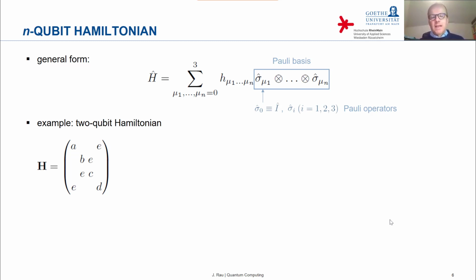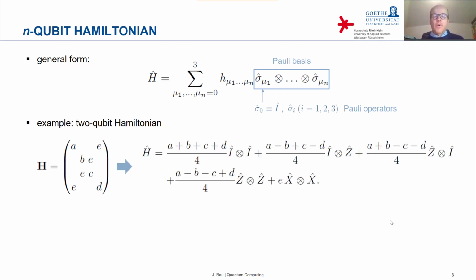And I claim that this Hamiltonian can be written as a real linear combination of tensor products of Pauli operators and unit operators. And indeed, I'm not going to prove this here. That's something that you can easily check for yourself. This particular Hamiltonian for 2 qubits can be written as a linear combination of unit tensor unit operator. That's the first term.